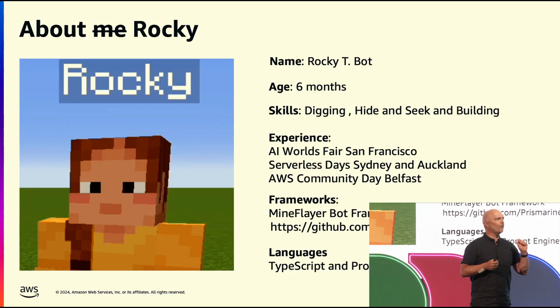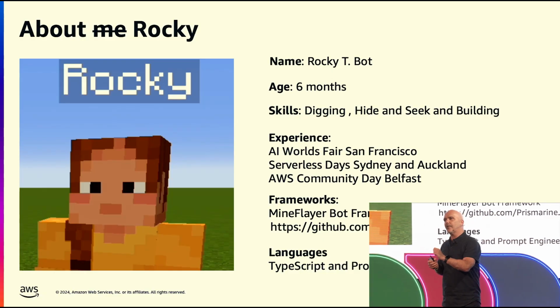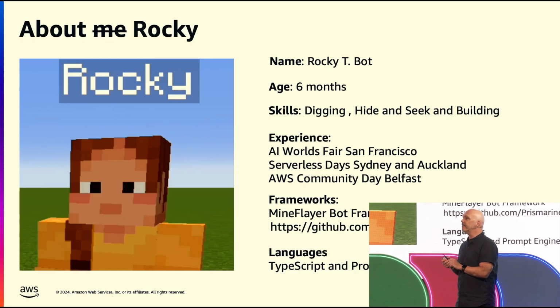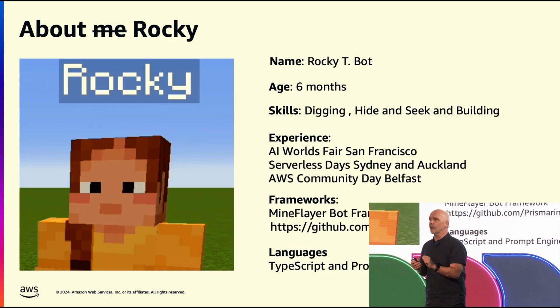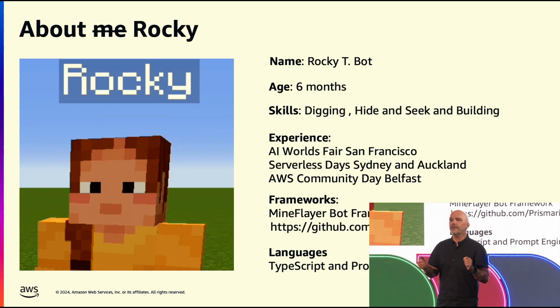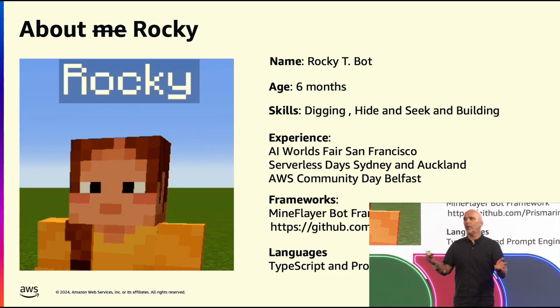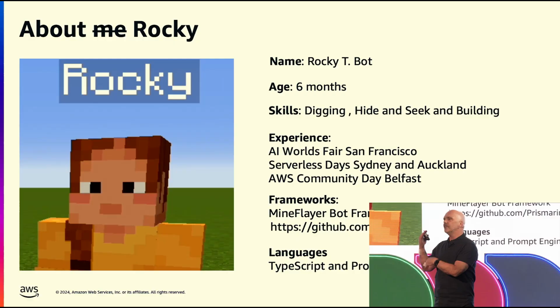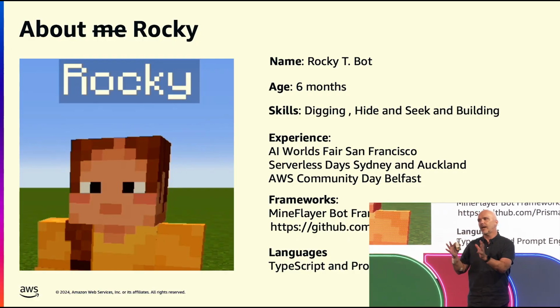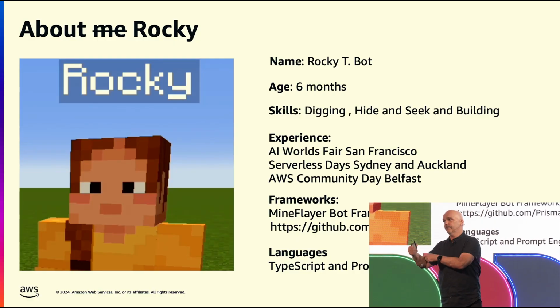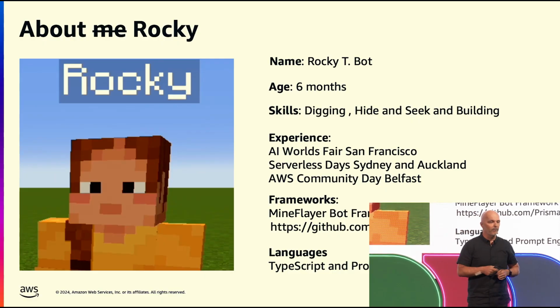And the framework that Rocky knows the most about is called Mindflayer. So Mindflayer is an open source framework that you can get today, and you can sidecar it into Minecraft and control a bot. So if you want to run a procedural bot, you can use Mindflayer, write some TypeScript code, and it will do what you tell it to do in a very procedural manner.